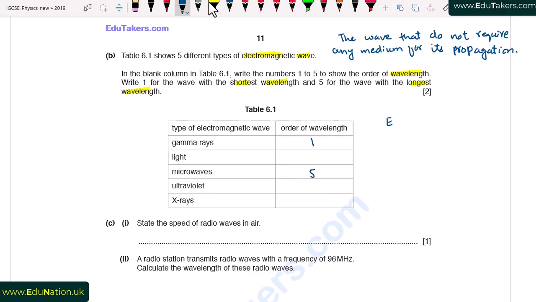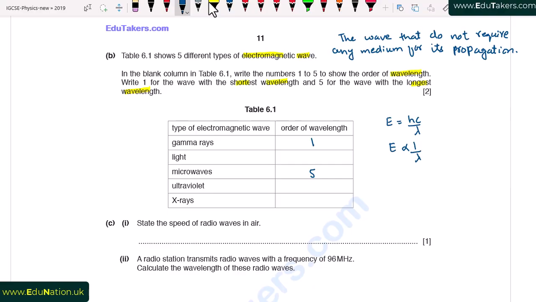Because E is equal to hc over lambda. Here lambda is wavelength, E is energy. So the energy of gamma rays is very large as compared to all the others. That's why its corresponding wavelength is very short, because here E is inversely proportional to lambda. So the longer wavelength means lower energy.